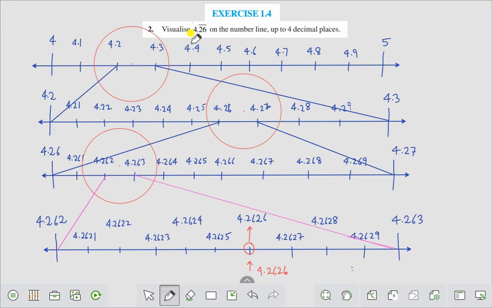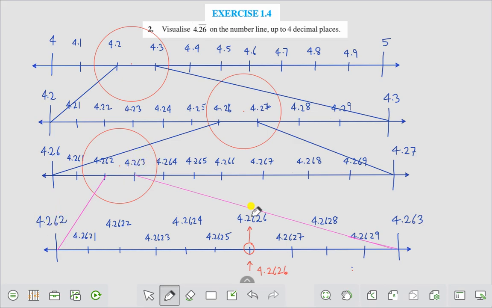Here you see again this 4.26 lies between 4 and 5 and 4.26 bar lies between 4.2 and 4.3 and divided into 10 equal parts, and this lies between 4.26 and 4.27, and this lies between 4.262 and 4.263.